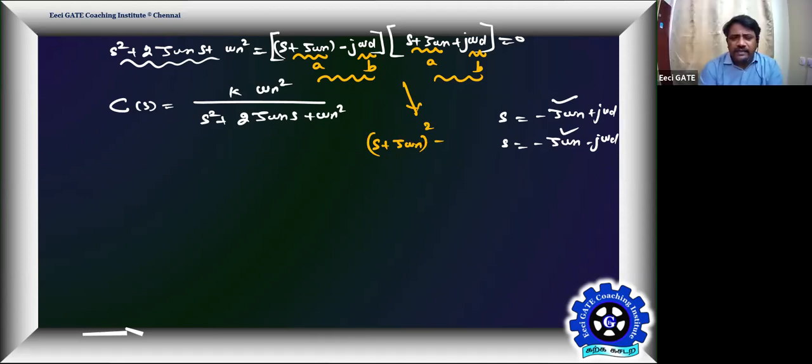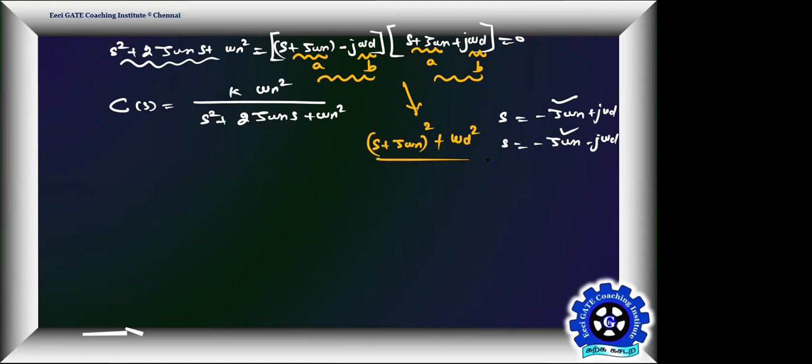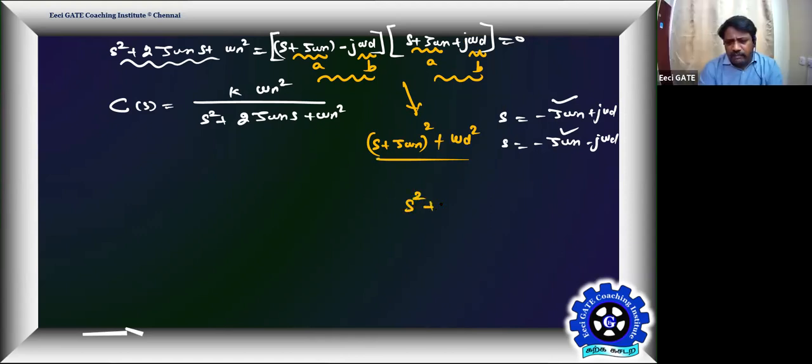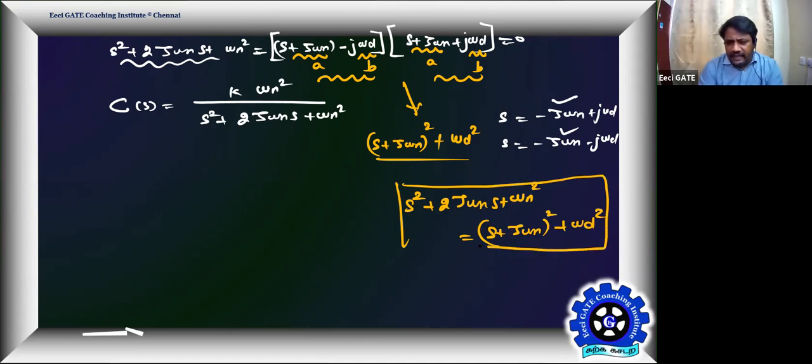But j square is there, and j square will make another minus, that is going to become plus. Then what is the resultant? Omega d square. What is the point to prove here? s square plus 2 zeta omega n s plus omega n square is actually equal to (s plus zeta omega n) whole square plus omega d square. If you write this way, then it's easy for the Laplace inverse.